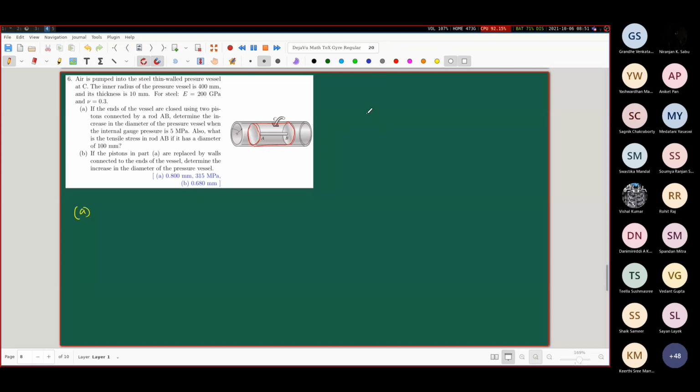Maybe my question was not clear. You have this thing, right? This is the thin wall pressure vessel. This is the steel. And you have the piston here, and the piston here.